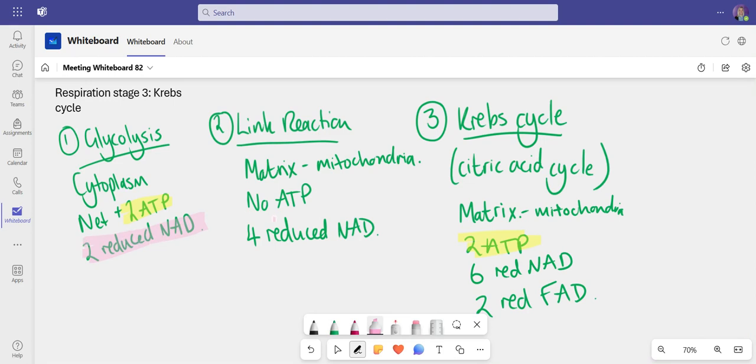So we got 2 reduced NADs there, 4 reduced NADs there, 6 reduced NADs there, and 2 reduced FADs just there. And all those pink ones are going to go on to stage 4, to oxidative phosphorylation, to make much more ATP when we get there.